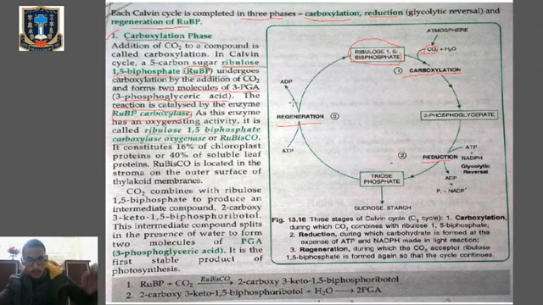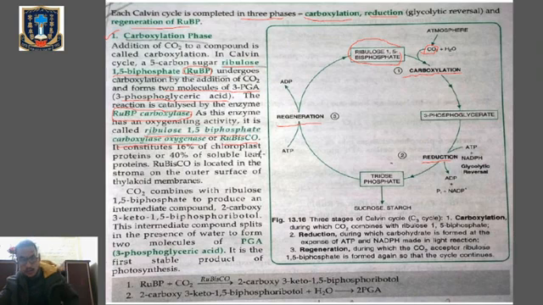Now since this RuBP carboxylase enzyme also has oxygenating activity, it is also called ribulose 1,5-bisphosphate carboxylase oxygenase, or in short, Rubisco. Since it has oxygenating activity, RuBP carboxylase is also called Rubisco, that means ribulose 1,5-bisphosphate carboxylase oxygenase.